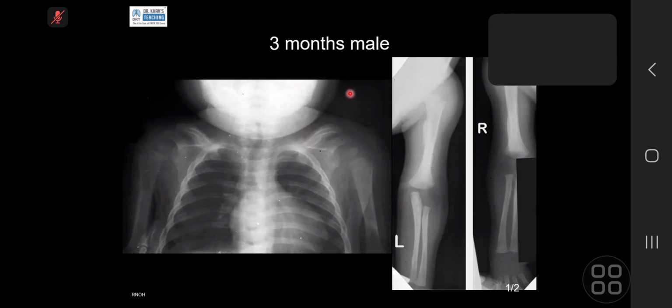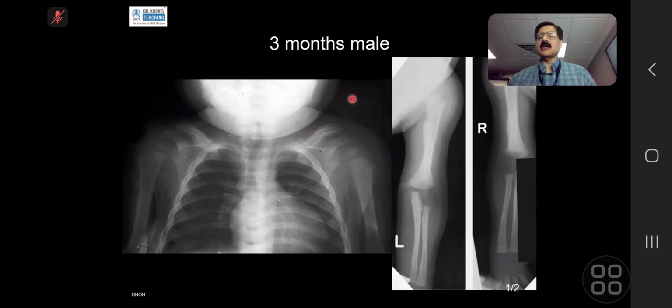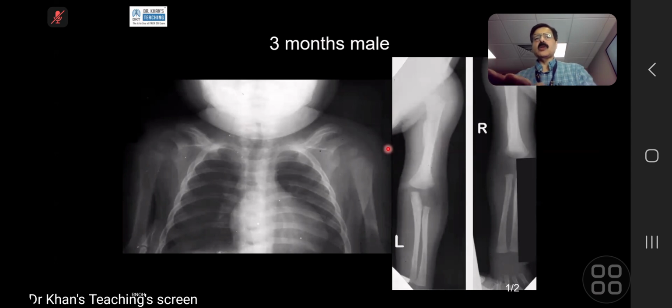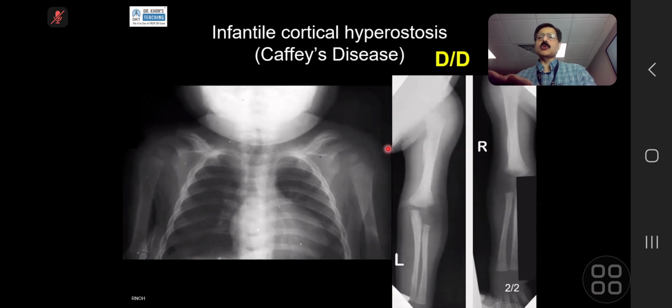We did this exercise earlier in the day. If you look at the pattern of periosteal reaction on this board, it is mainly diaphyseal, and I told you that also. There is nothing else in the differential. It's a pathognomonic finding in this particular case.